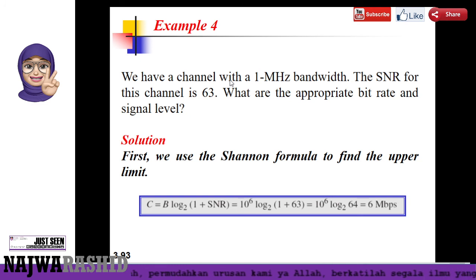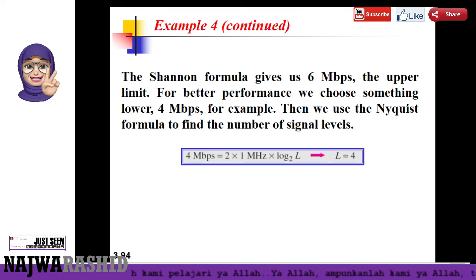So 10 power of 6 times log base 2 of 64 is equal to 6 megabit per second. The Shannon formula gives us 6 megabit per second as the upper limit. For better performance, we can choose something lower, like 4 megabit per second.